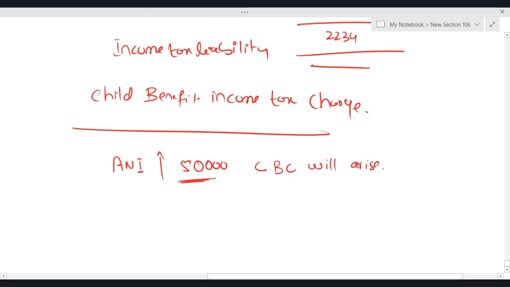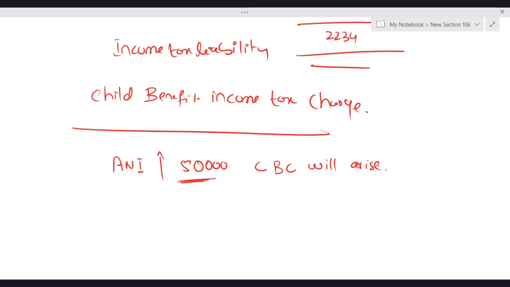But obviously, child benefit charge will only arise if they have received the child benefit. Let's say examiner says that they have received the child benefit. Number one. Number two, in case of husband or wife, whoever is having adjusted net income more than 50,000. Now the question is, sir, what if both of them are having adjusted net income more than 50?